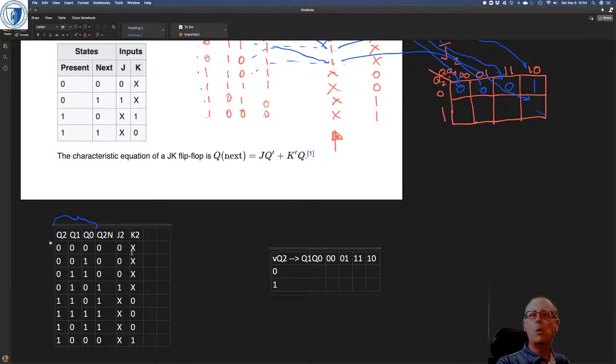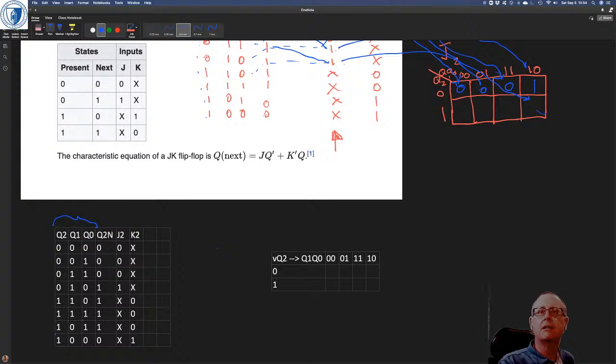So now what we're doing is, and I can now maybe draw it, should be okay, right? So this is J2, this is the J2 table. We want to figure out where this 0 goes in the Karnaugh map, and Q2, Q1 and Q0 are all zeros, so that's 0, 0, 0.